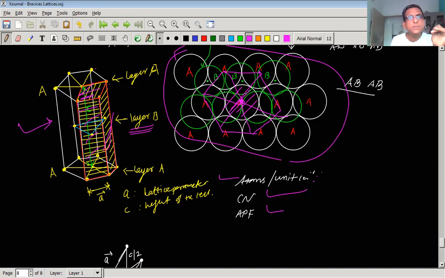This particular atom will contribute 1/2 of its share to a particular unit cell. Similarly, this will also contribute 1/2, isn't it? And we know that in the hexagonal close packed structure, there are 3 complete whole atoms in the body center of the hexagon.